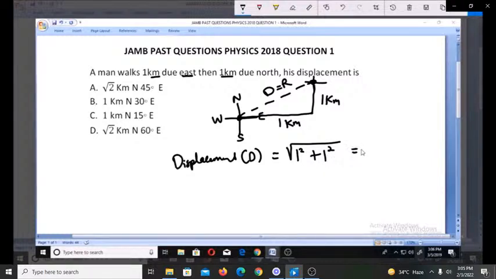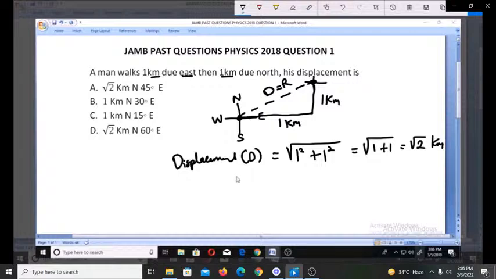And this will give us root of 1 squared is 1, plus 1 squared is 1. So this will give us root of 2. So that is the distance. So you have root 2 kilometers is the distance.